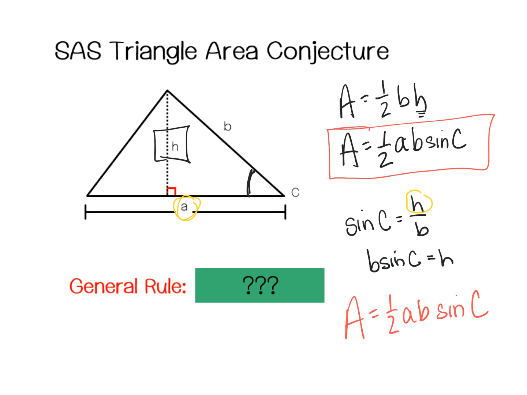Okay, so a and b, notice, are lowercase because they're sides. C is a capital because it is an angle. So we're going to do two problems like that, and we're going to be using this formula instead of having to work on two separate equations to first get the height and then get the area.